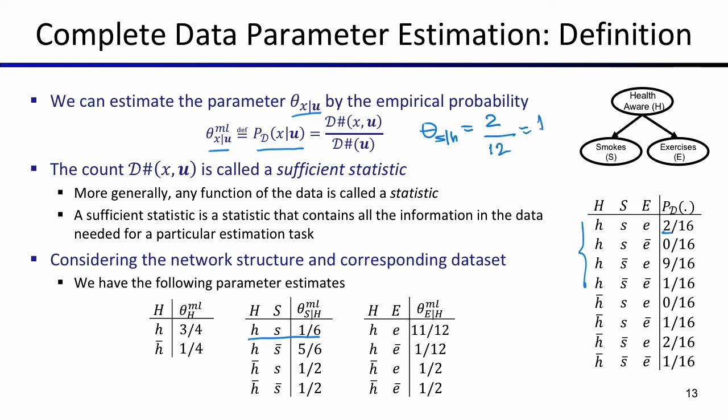Then it's going to be 1/6. That is exactly this number that we have here. And we can do that for all the parameters. For instance, we have age here. So what can we do? We have age equal true. These instantiations here are going to be 12/16. We have age equal false, and that is going to be 4/16. So this guy here is 3/4, and this guy here is going to be 1/4. And we can do that for all the parameters that we have.